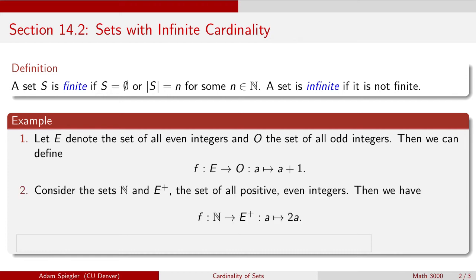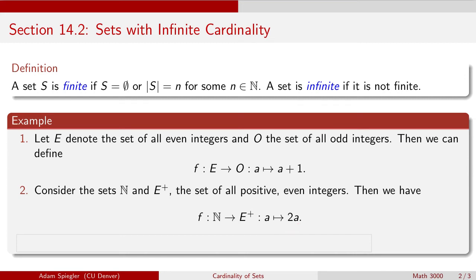And for another example, if we take the set of all natural numbers, and now we consider E plus, the set of all positive even integers, then we can define a map from the natural numbers into E plus by taking each natural number a and mapping it to 2a.